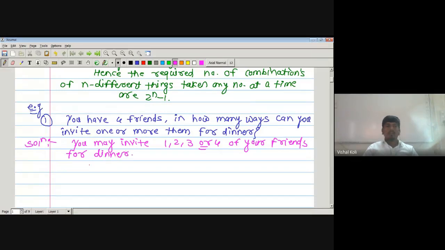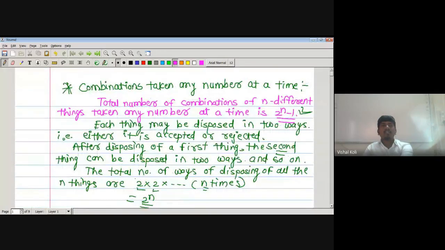So the total number of ways is equal to the number of ways. So here we have to use the above case. That is, here we have seen the total number of combinations of n different things taken any number at a time is nothing but 2 raised to n minus 1.